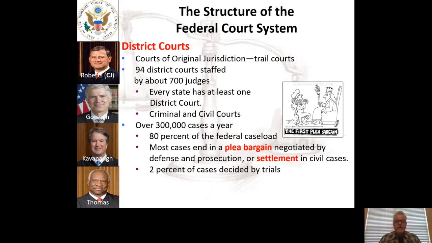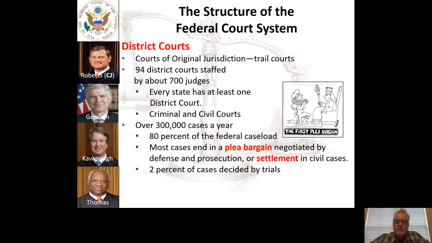Every state has at least one. They include criminal courts, and include civil courts as well. They hear more than 300,000 cases a year, and like most cases, both state and federal, these cases that happen in the federal court, usually when they're criminal, result in a plea bargain before they get into court, meaning the two sides get together and they come to an agreement that is beneficial to both parties.